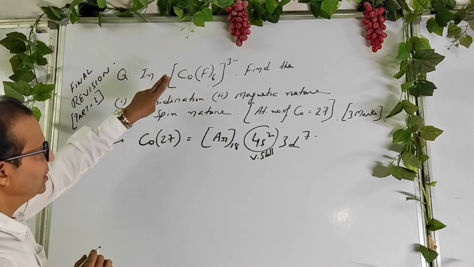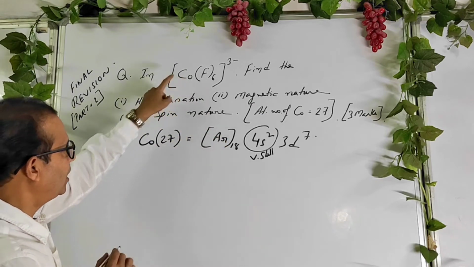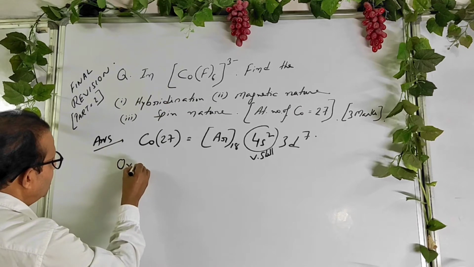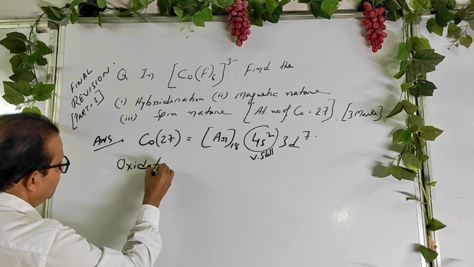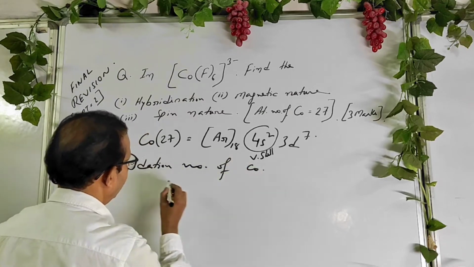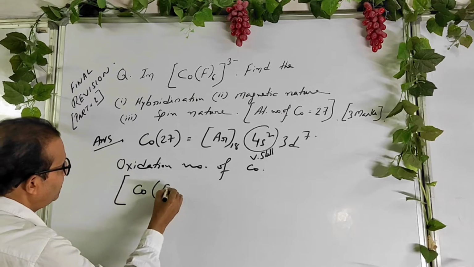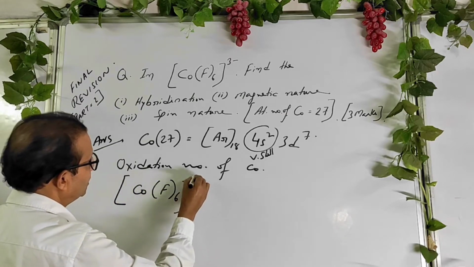Now the second part is to find the oxidation state of cobalt, the oxidation number of cobalt in [CoF6]3-.